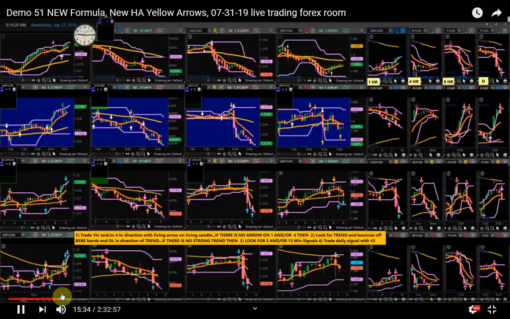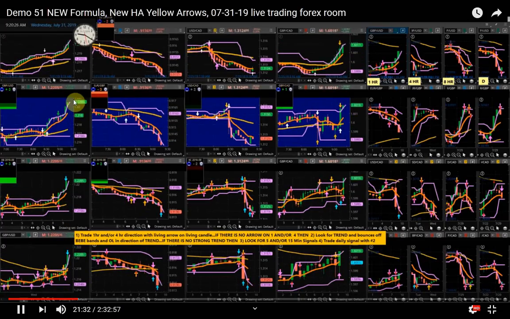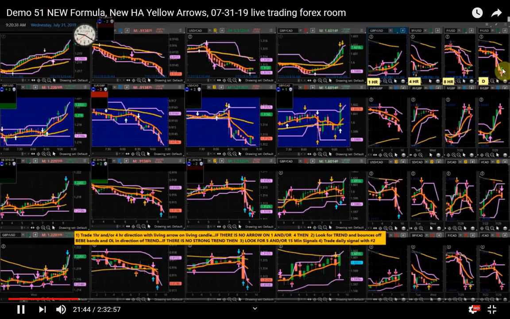Okay, so I'm going to fast forward now. We didn't know which was going to happen. There you go. It's made the decision for us. Yes, we've lost a 9 pip stop loss, but it's flying. This has kicked in, this didn't work, this has taken the decision away from us.